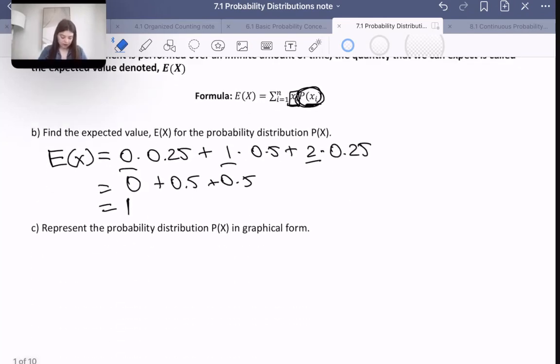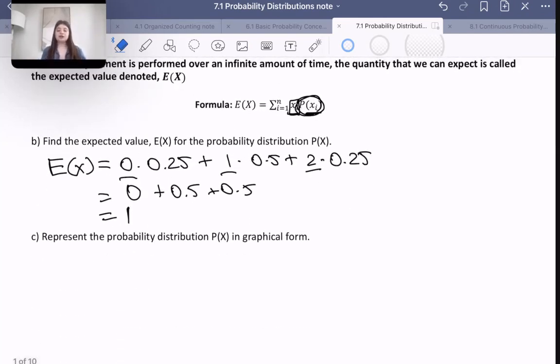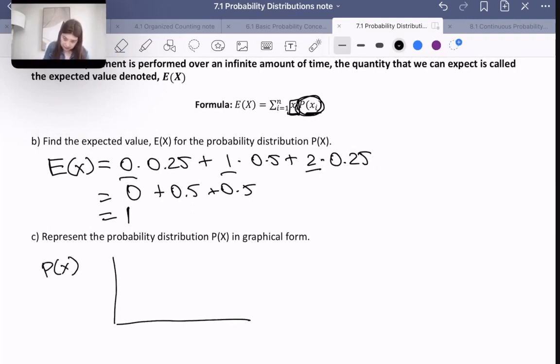All right, here it says to represent the probability distribution in graphical form. So let's do that. Here I'm going to say this is our P of X axis, like that. Here's 0.5 and here's 0.25. And then here's 0, so 0 would be here. Then we have 1, and then we have 2.